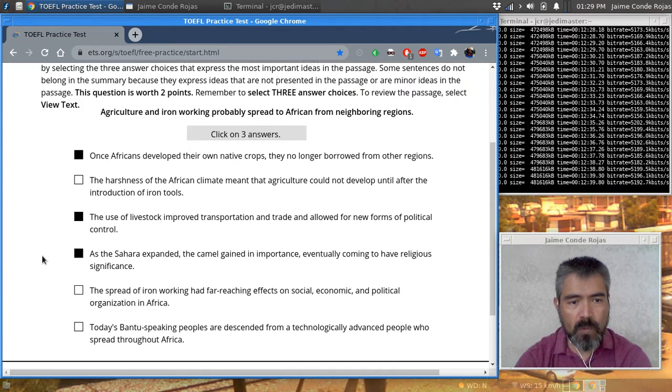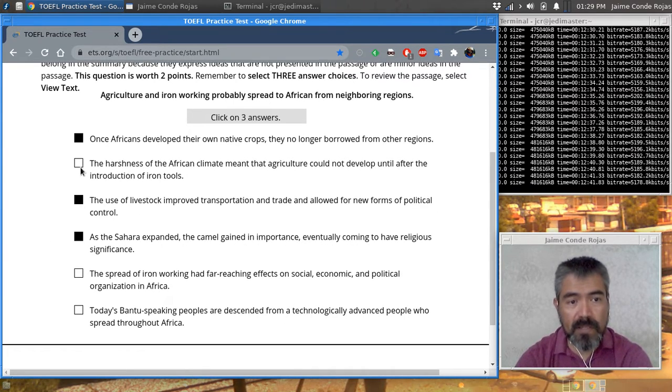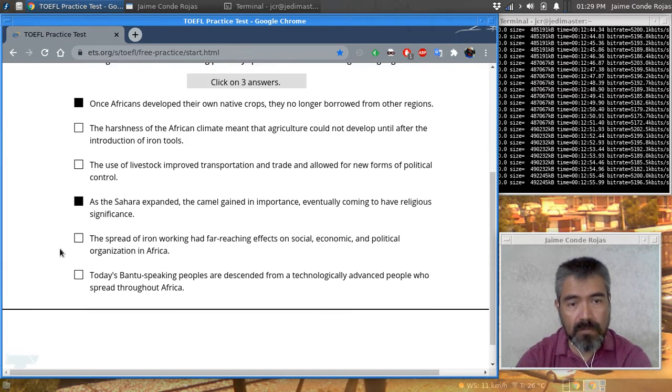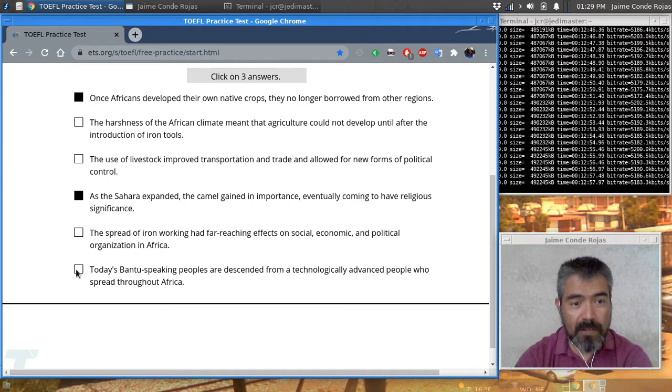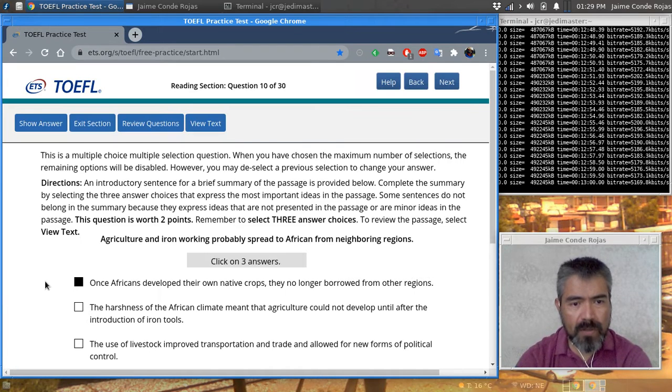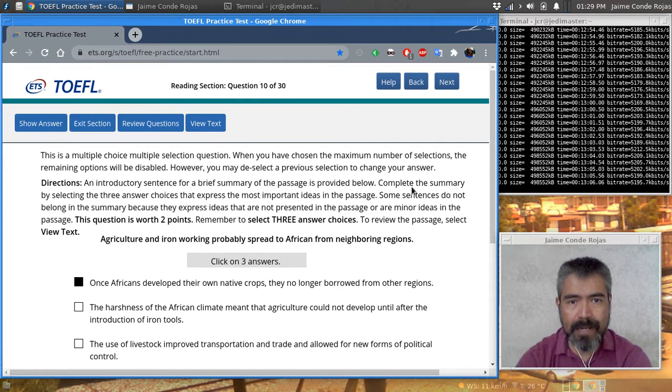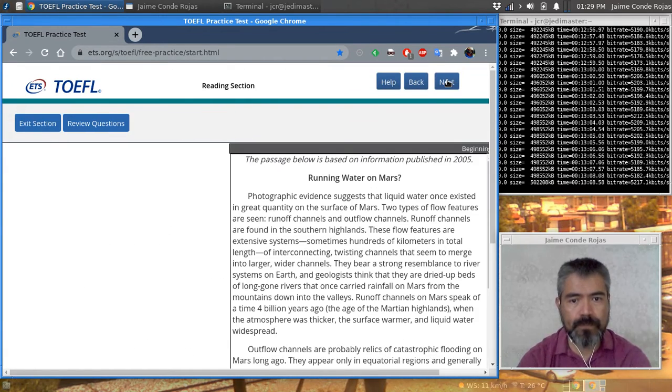That is, if you wanted to choose the 5 options to see if that is correct, it cannot be possible. But if you think this is not part of the real answer, then you can deselect it and choose another. Here you have the 3 answers, and then you can continue with the next question.